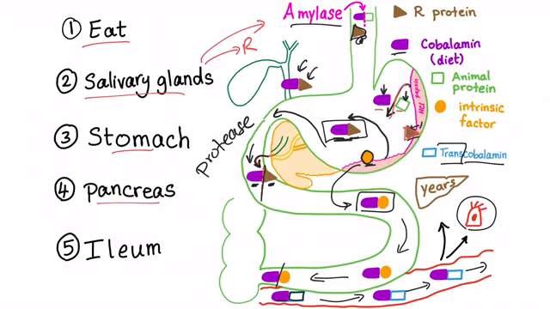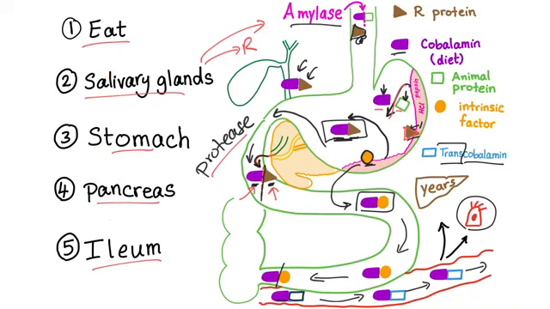The pancreas produces its secretion, the protease enzyme. It will divorce the vitamin B12 from the R protein and make it bind to the intrinsic factor. The ileum will absorb the cobalamin and make it bind to the transcobalamin so that it can go to the bloodstream. So any problem in any of these processes will cause vitamin B12 deficiency.